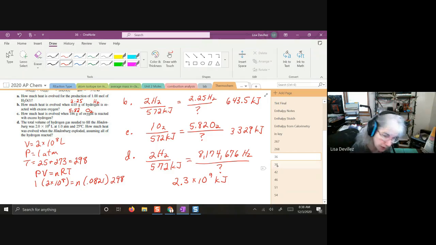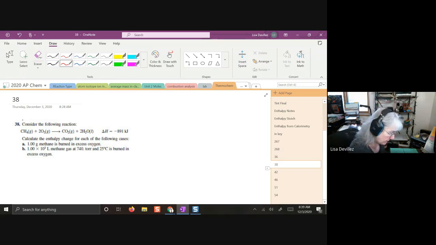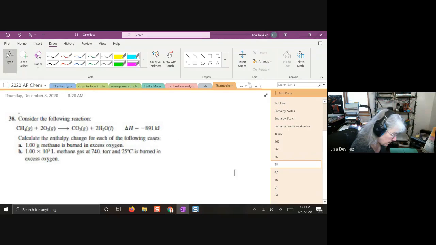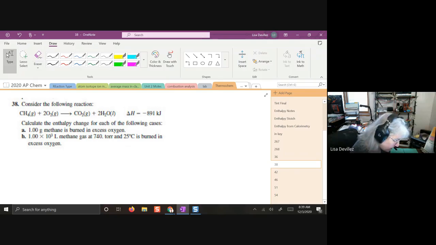Okay, so the next one is, let's look at number 38. And we want the enthalpy change for each of the following cases. So this one is actually kind of similar to the other one. I have 1 gram of methane. So methane is 1 carbon and 4 hydrogens. So 1 divided by 16.